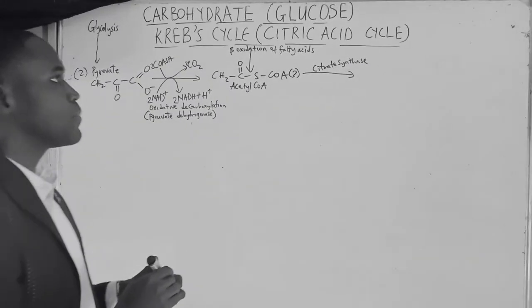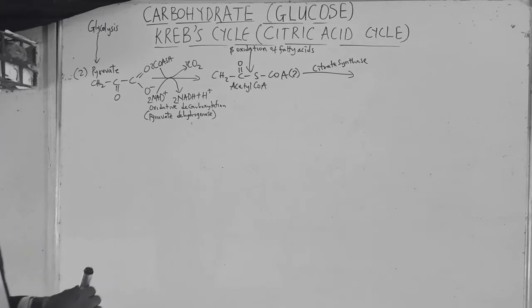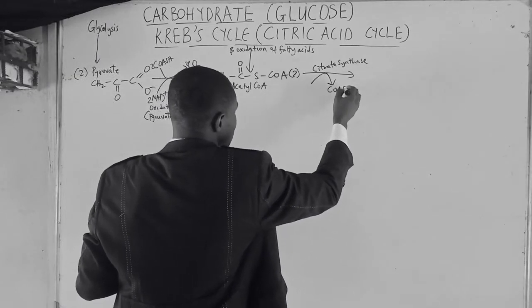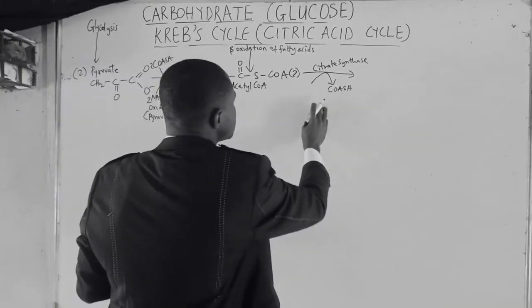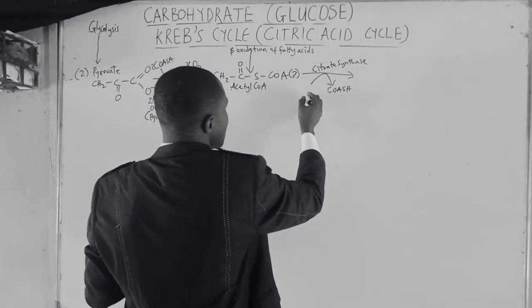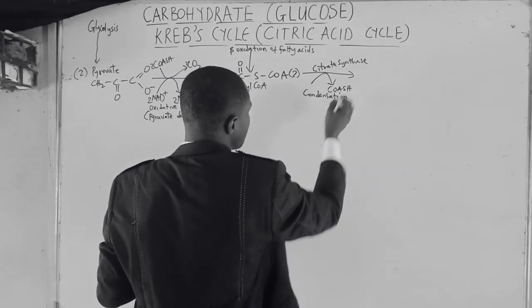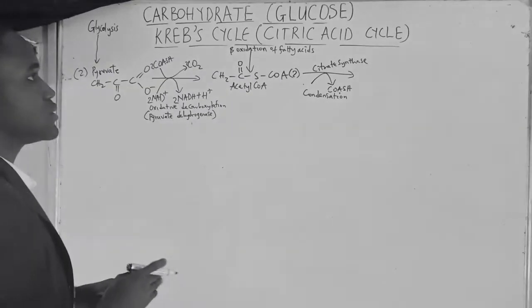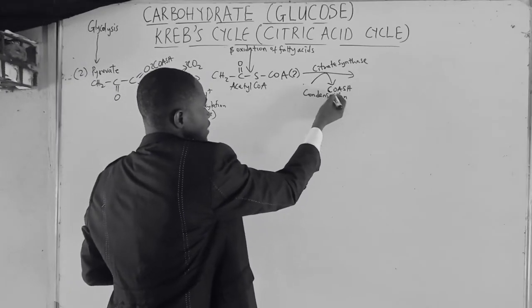This enzyme will act on acetyl-CoA. Once it acts on acetyl-CoA, there will be production of CoA. There is a reaction called condensation. There will be a condensation reaction here, that is, water will be needed or there will be production of water in this reaction.